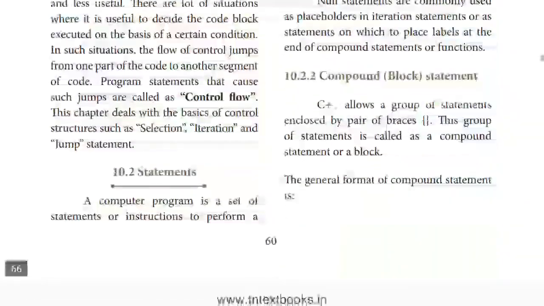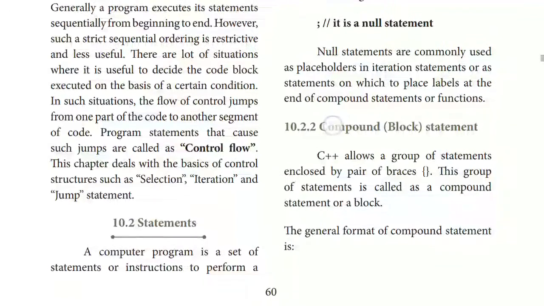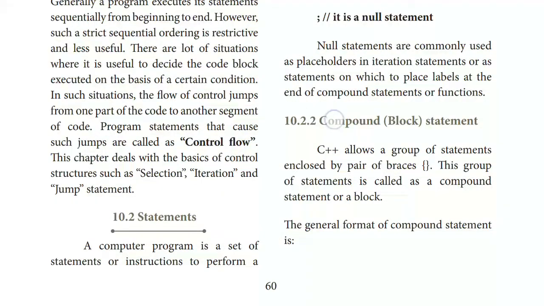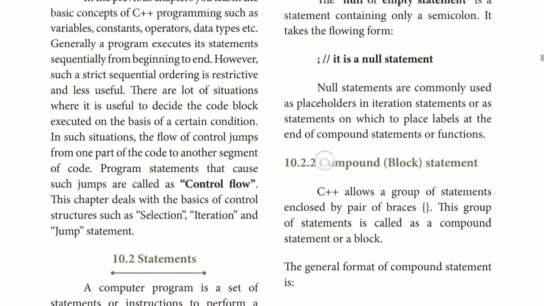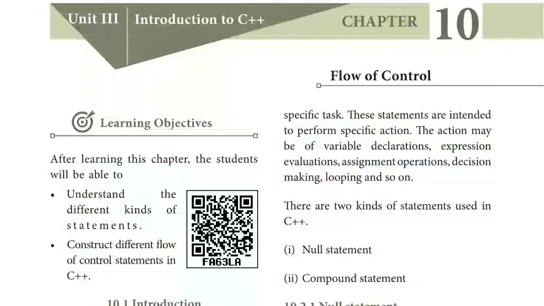So first of all we'll see the statements. So what type of statements are there? Okay, so in a computer program, a statement is a set of instructions to perform a simple specified task. These statements are intended to perform specific actions.